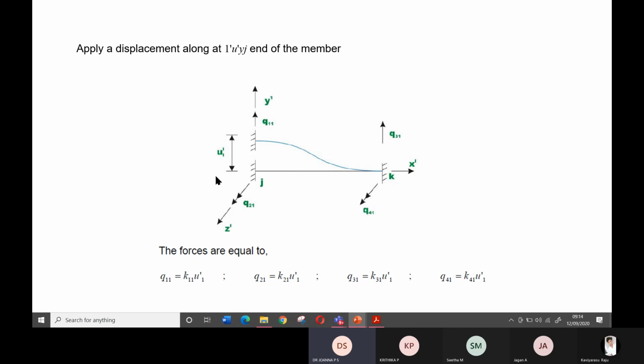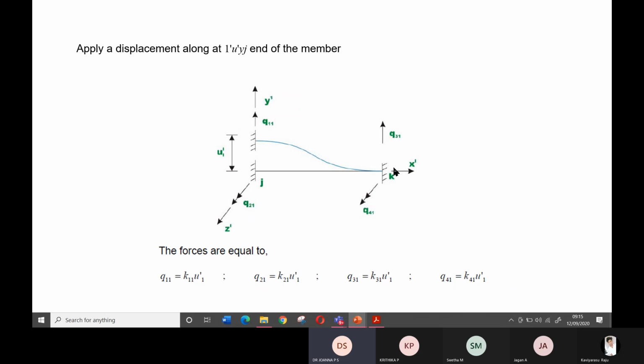But depending on where I apply the displacement or rotation, I put a second numbering, because each force has two numbers: Q11, Q21, Q31 and Q41. The first number represents the node, and the second number represents the place where you are applying the displacement or the rotation. Here I have applied the displacement at node 1, so it is Q11, Q21, Q31, Q41.